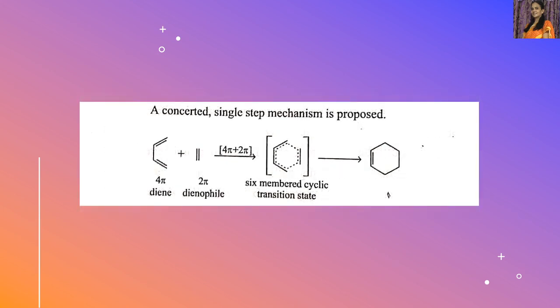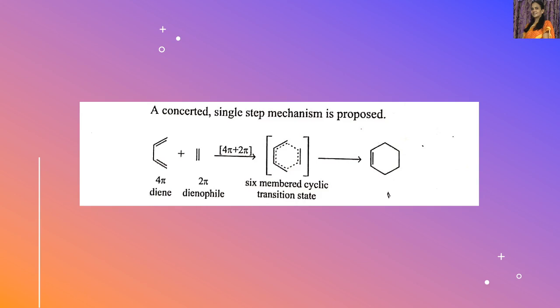Now, this is a concerted reaction, that is, it takes place in a single step mechanism. So let us see this. 4 pi electrons contributed by a diene and 2 pi electrons contributed by a dienophile combine, and cycloaddition takes place. You can see the six-membered cyclic transition state which is forming. Here what is happening?